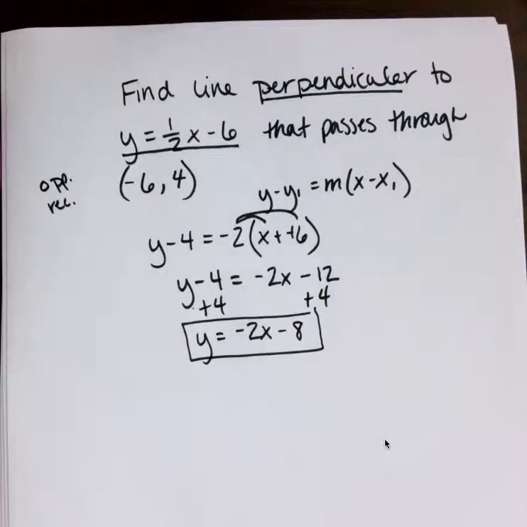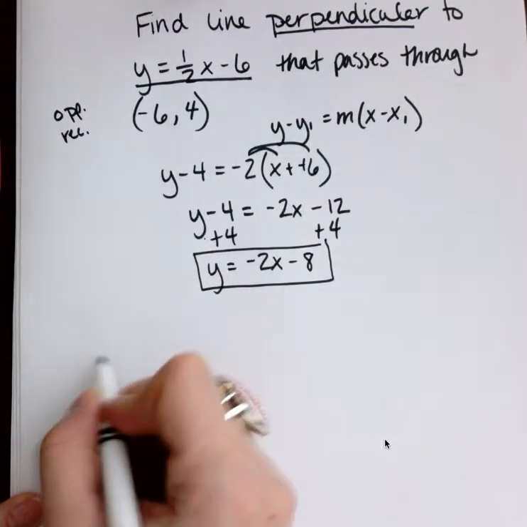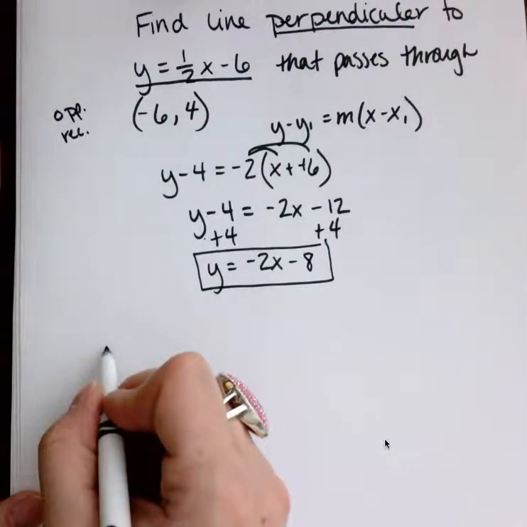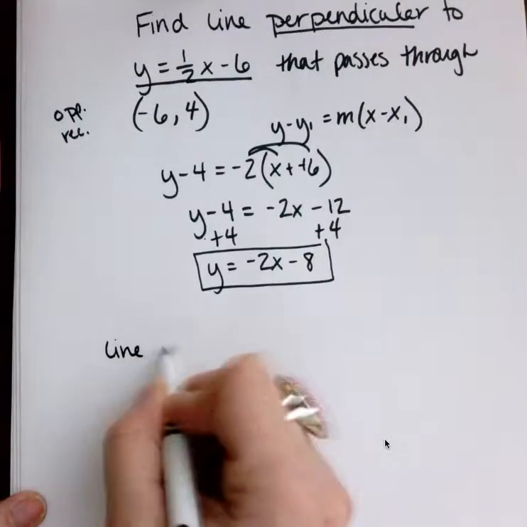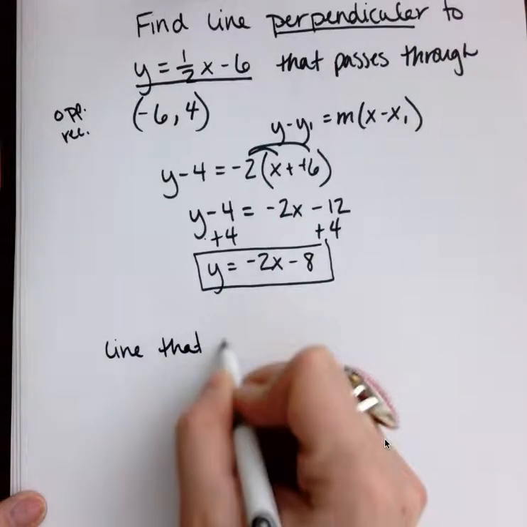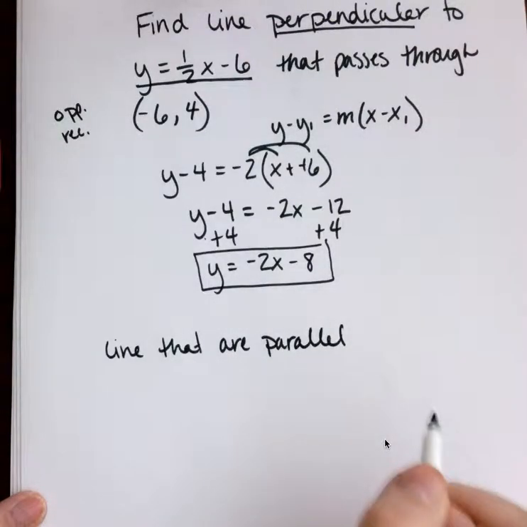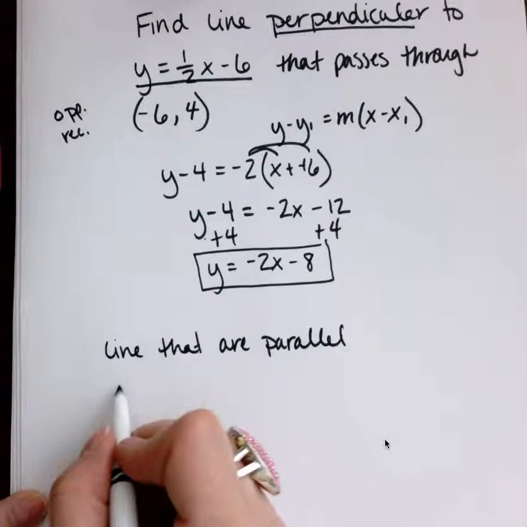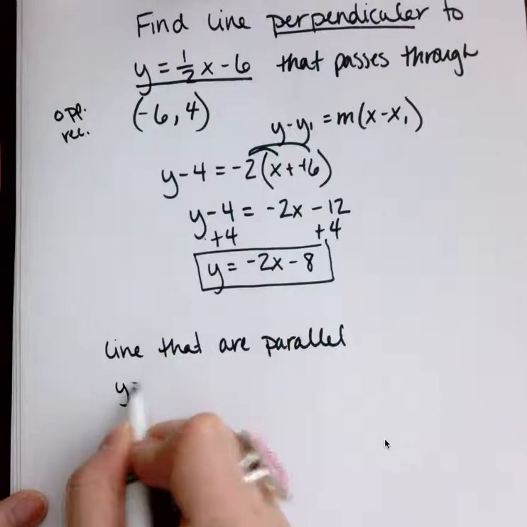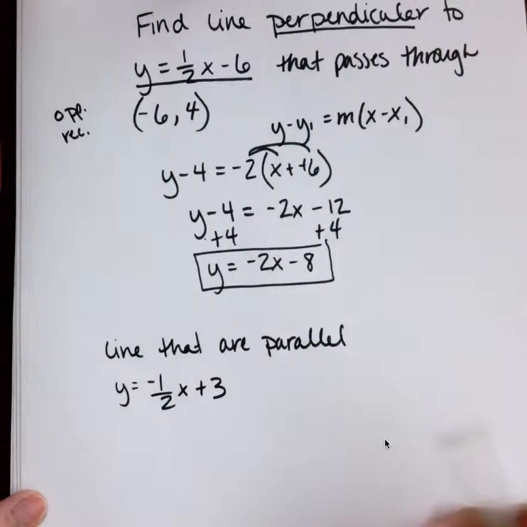All right, let's do a little bit of practice on lines that would be parallel. If I needed a line parallel to this, what would my slope be?